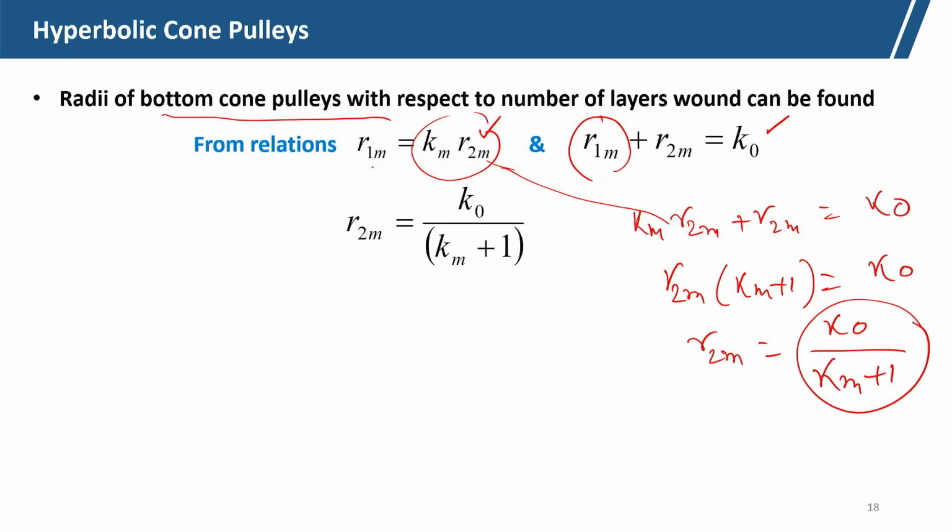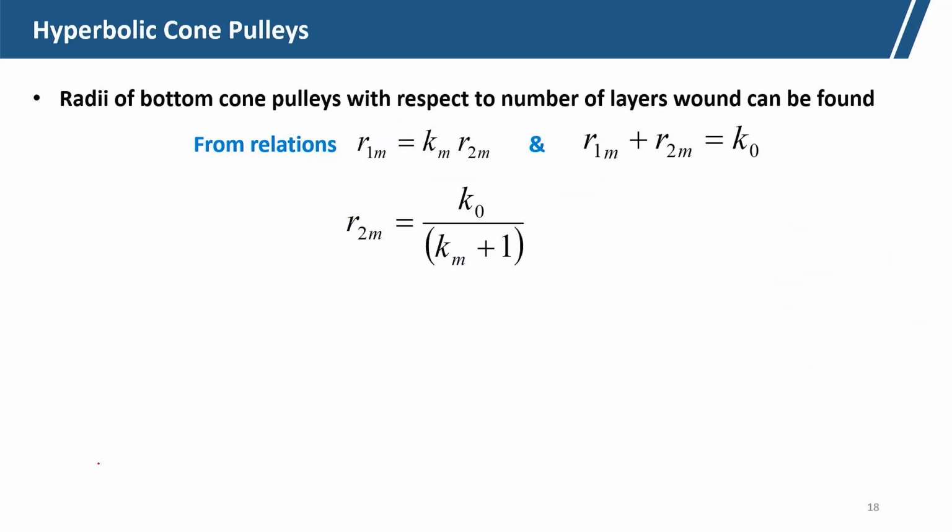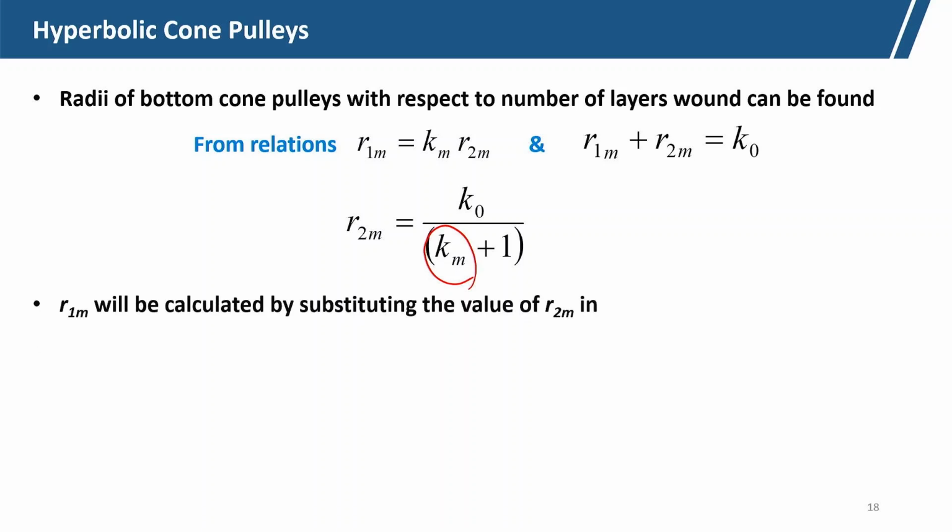From this we can get the value of R2m in terms of K0 and Km, where Km is not constant, Km reduces. So, we can calculate R2m if we know the Km for a particular layer.